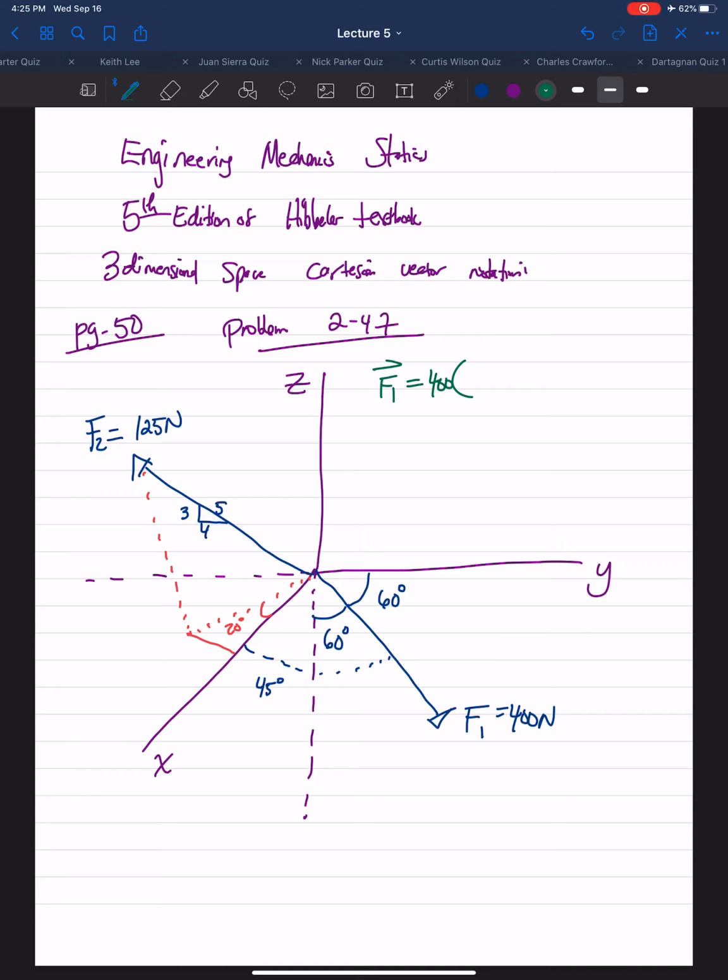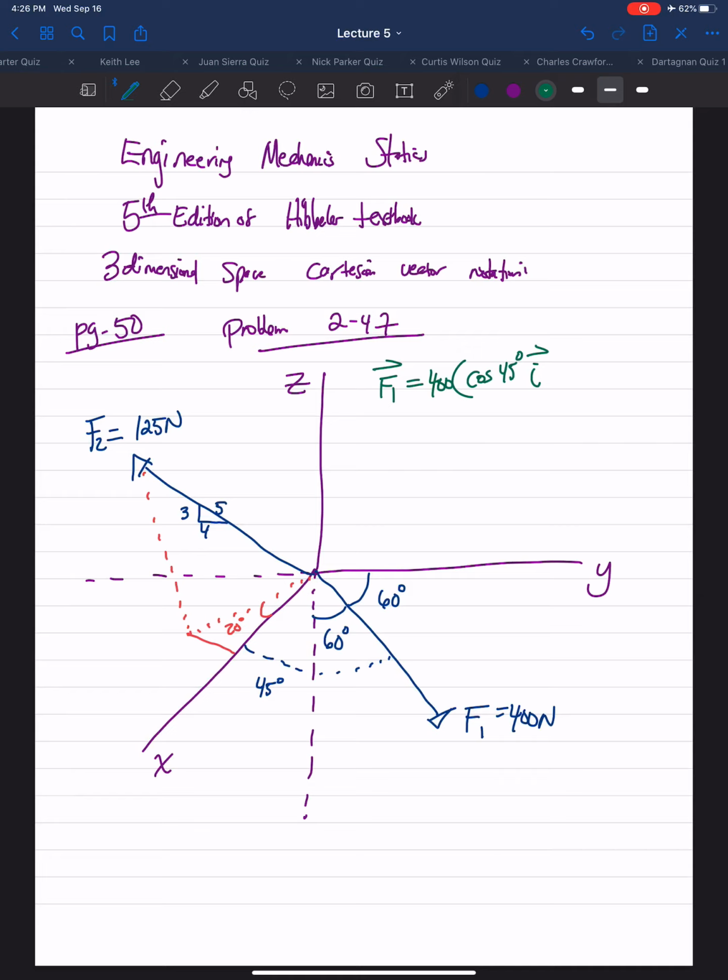So then the leg we're concerned with would be the cosine of that. And the unit vector i has to be applied.